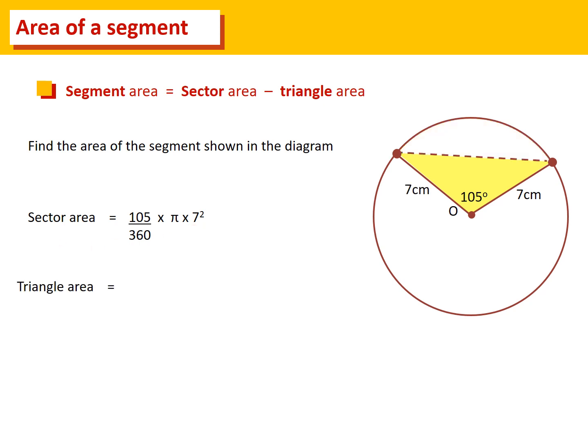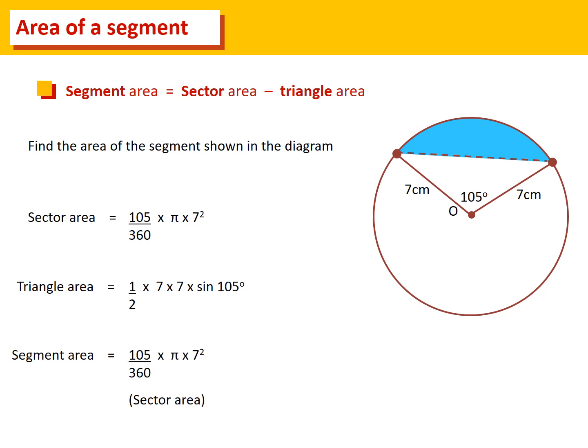For the triangle area, it's a half times 7 times 7 times sine 105. 7 is one side, 7 is the other side, and 105 is the angle between those two sides. Consequently, to finish off, the segment area, which is what we want, is the sector area minus the triangle area, and we round off, as usual, to 3 significant figures.